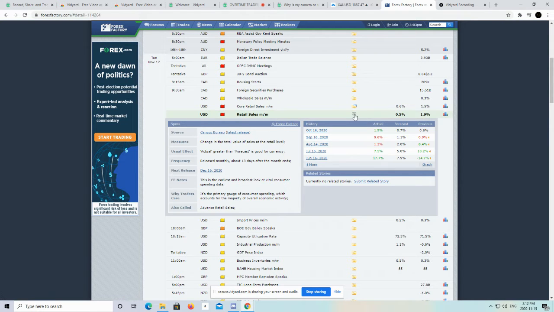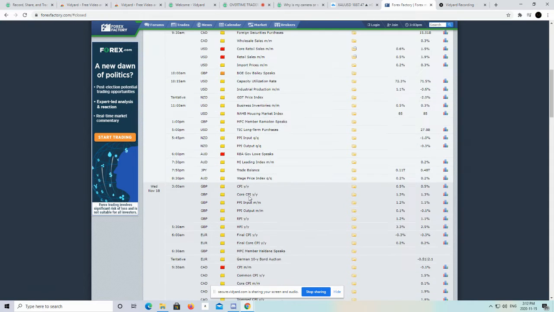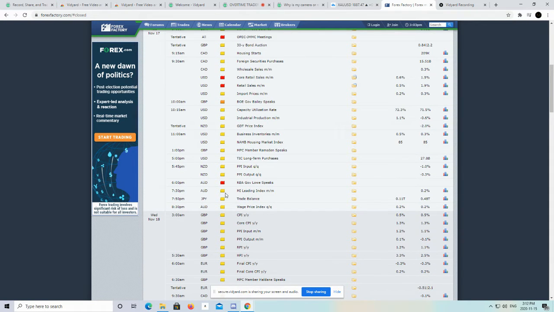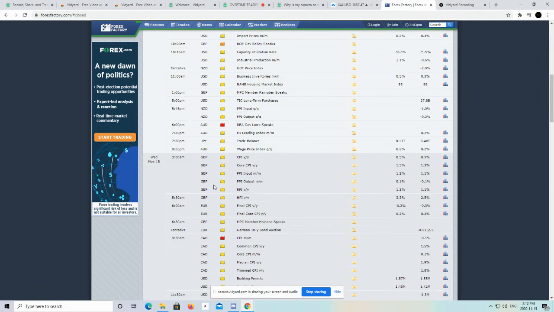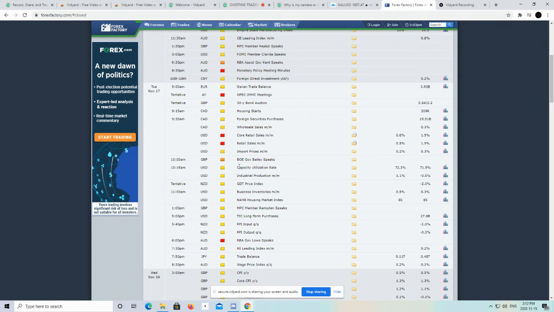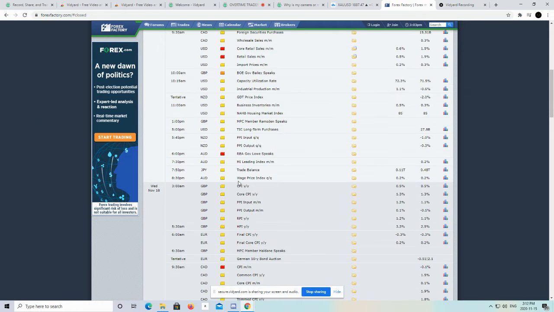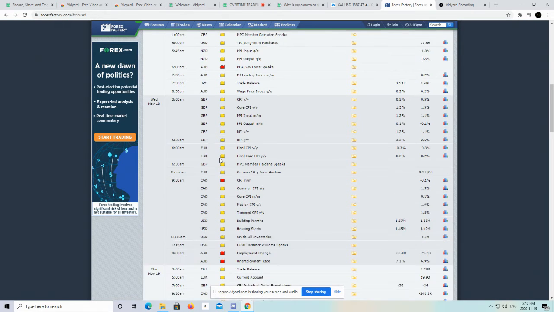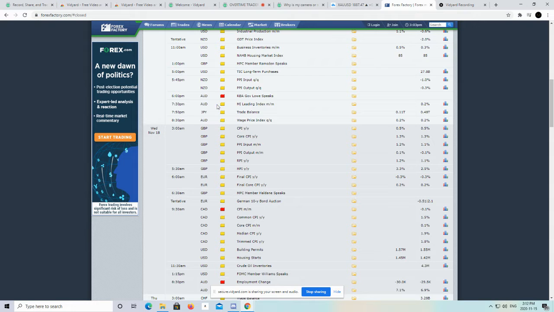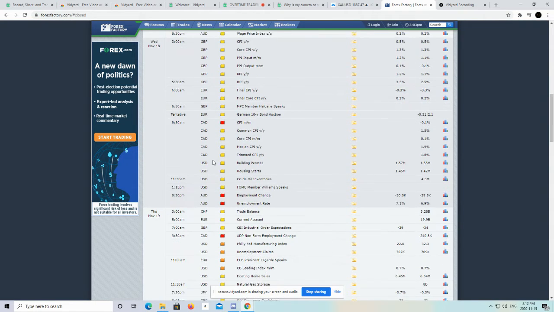I mainly trade the GBP pairs. EURUSD is one of my pairs as well, so I'll keep an eye out on that. Moving on down, we've got another red folder. It's the Australian dollar again, and that's government low speaks, RBA. Okay, so again, the Australian dollar.